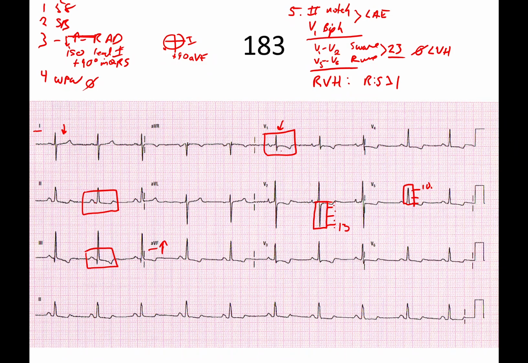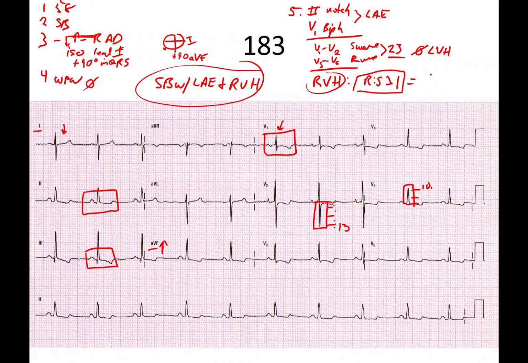If that S wave is maybe 2 or 3 boxes, the R wave is 4, almost 5. So we did meet this criteria, and we'll say we do have right ventricular hypertrophy, which is kind of interesting. Ultimately we'll say we have sinus Brady with left atrial enlargement and right ventricular hypertrophy. And that's what we were looking for.